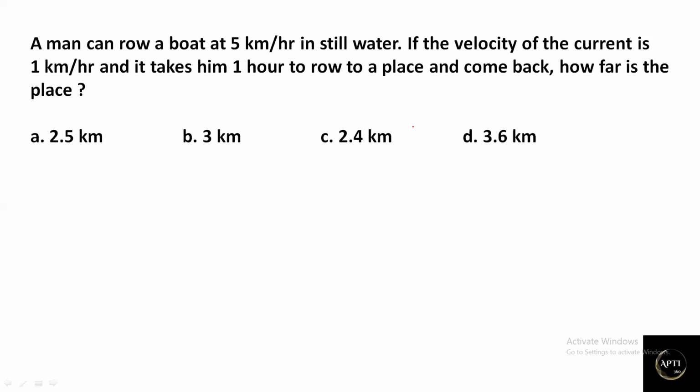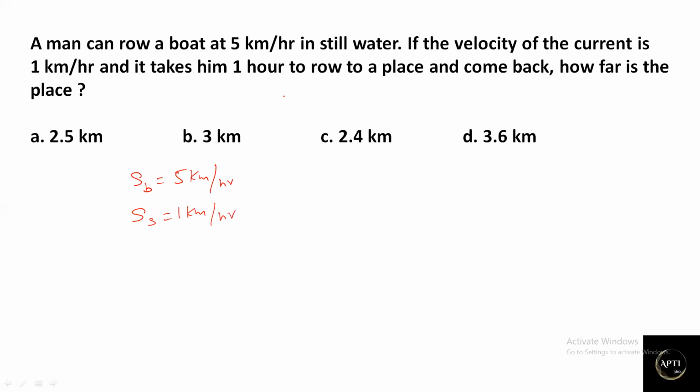If you observe this question, a man can row a boat means the speed of the boat is given. What is the speed of the boat? 5 km per hour. Next, the velocity of the current, which indicates the speed of the stream, is equal to 1 km per hour.